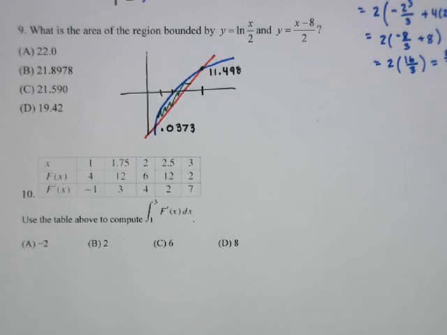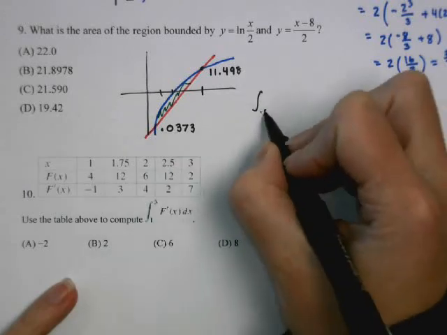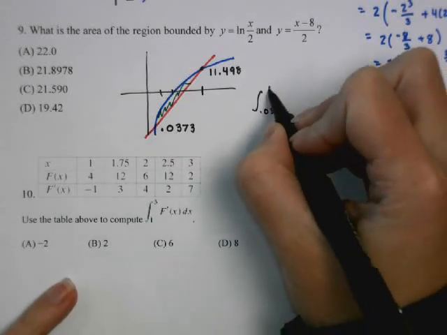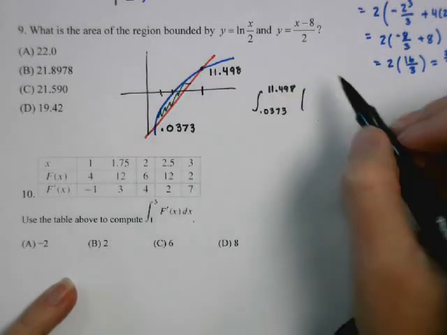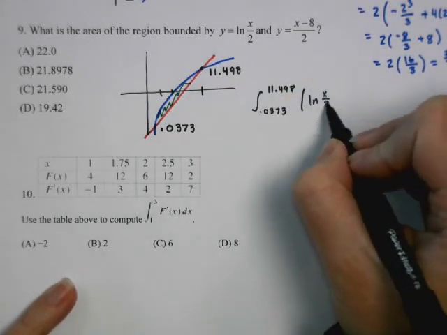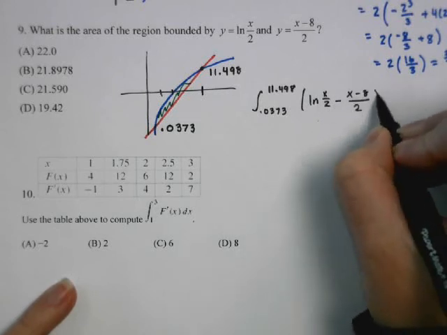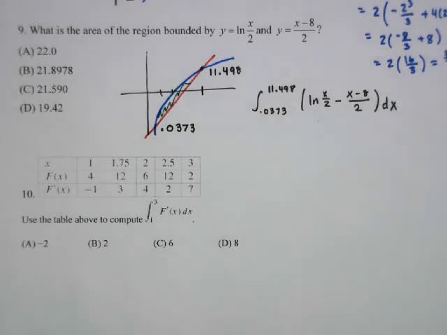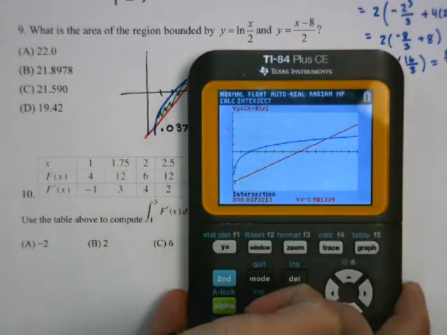Okay, so then we'll just set up our integral and use the calculator to evaluate. So it's going to be the integral from 0.0373 to 11.498. The top is going to be the natural log of x over 2 minus x minus 8 over 2. You can use the calculator, and the good news is we already have these two equations stored.